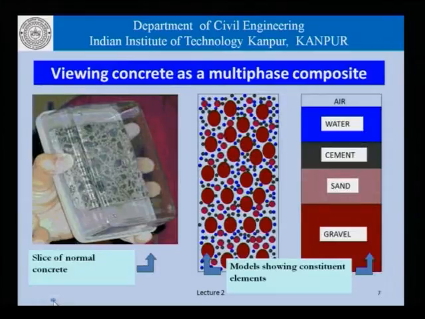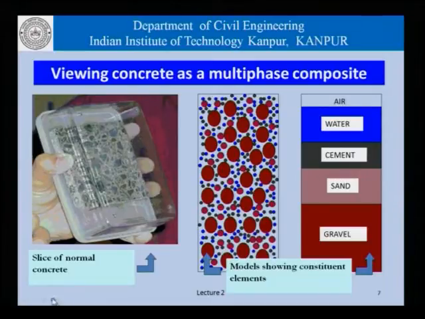And we had seen this picture as well, where we saw concrete as a multi-phase material comprising of coarse aggregates suspended in mortar, sand particles suspended in paste, and cement particles suspended in water.